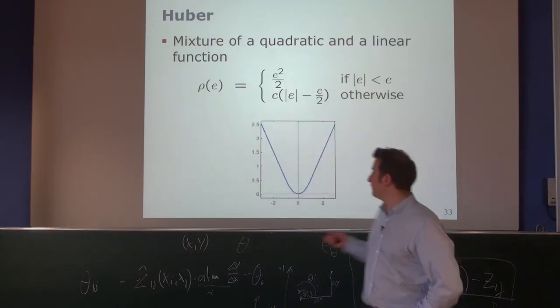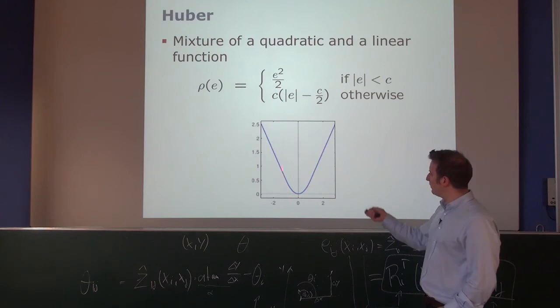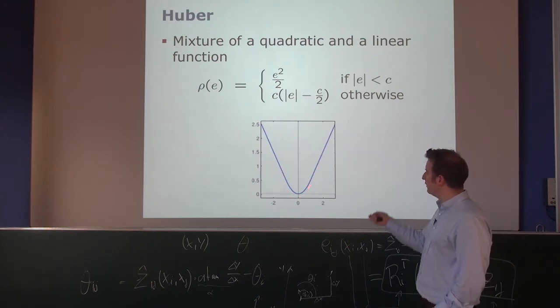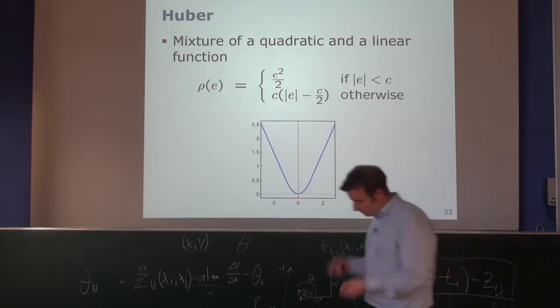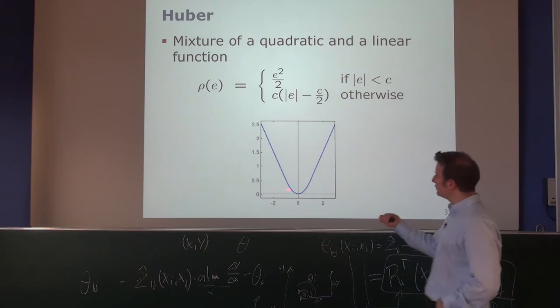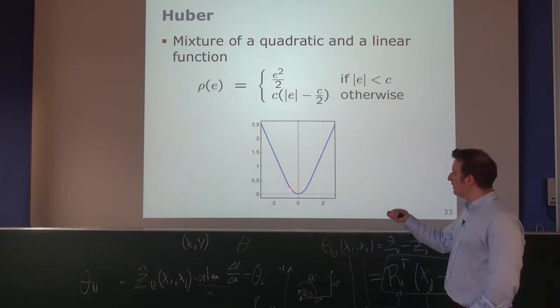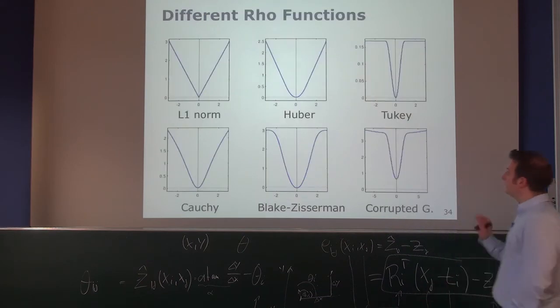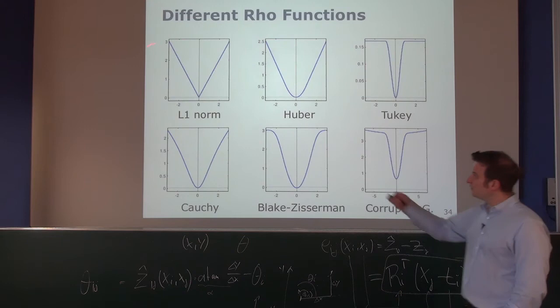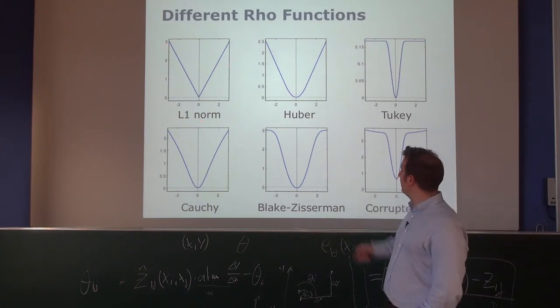So this is an example of the Huber cost function. I said we have this parabola around the zero error configuration. So if the current configuration is close to 0, I have the parabola, and here it goes into straight lines. And this is just an example of different ones. So this was the L1 norm we mentioned before.